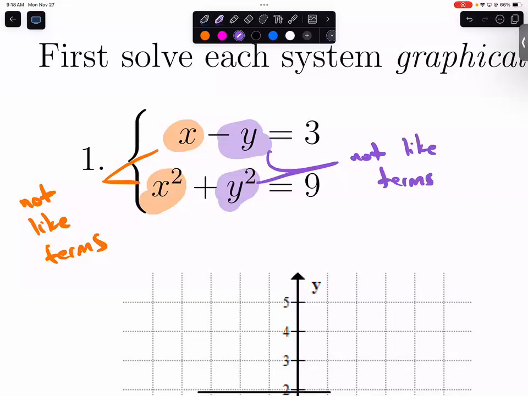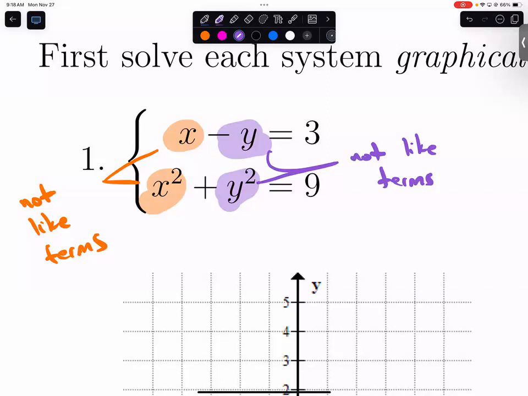No. What if you squared the top equation? If we square though, then we're changing things in a bigger sense, right? And also if you square that thing, what you get is x squared minus 2xy plus y squared, right?